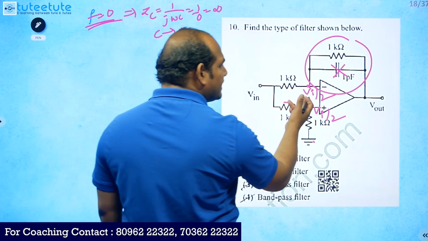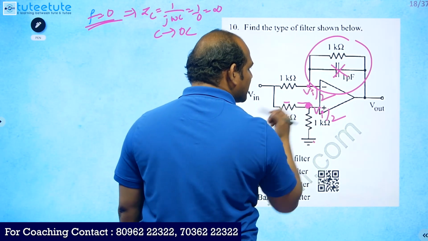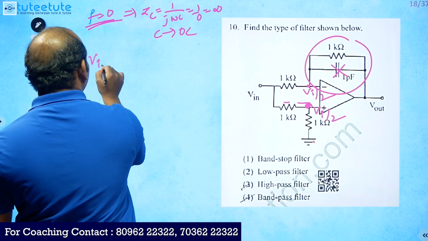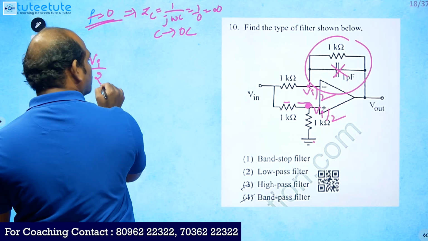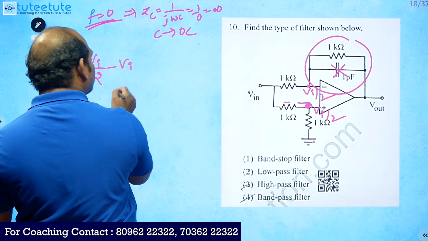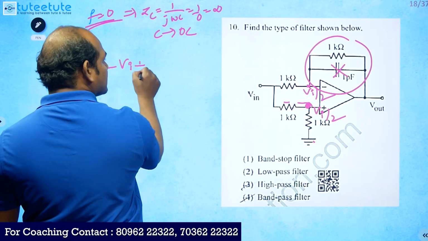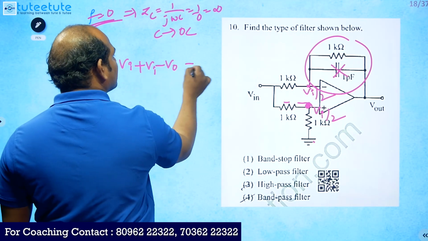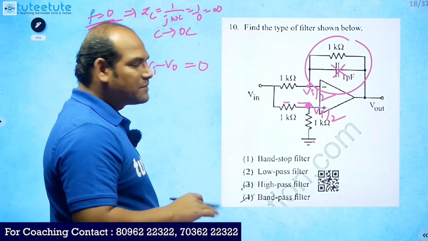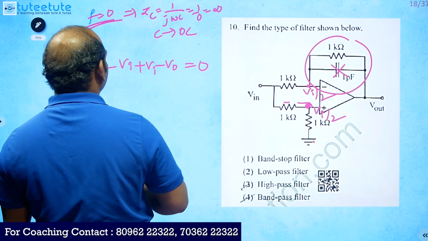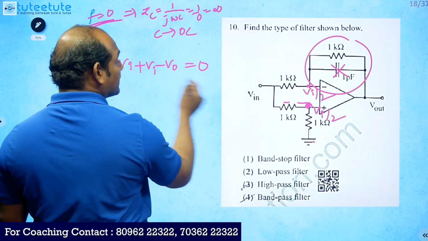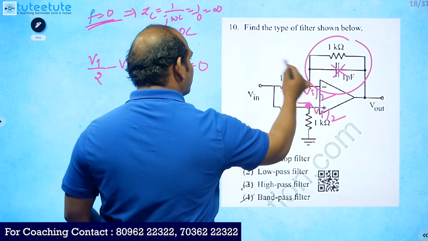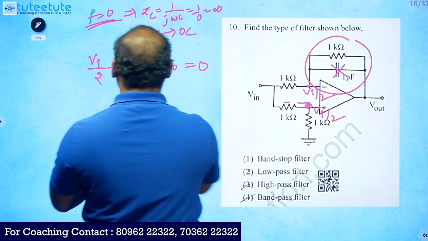If you apply KCL at this particular node, that is at the inverting terminal, what will we get? VI by 2 minus VI by 1K, plus VI minus V out by 1K is equal to 0. That 1K can be taken common and sent outside. Once again, here VI by 2 minus VI by 1K is this part.